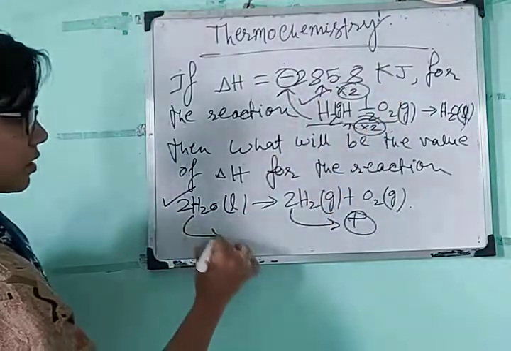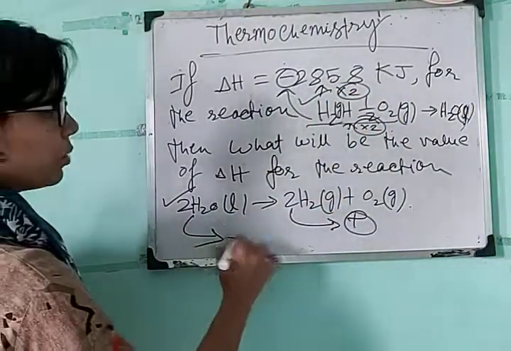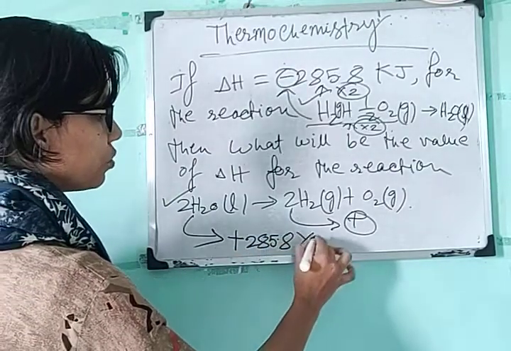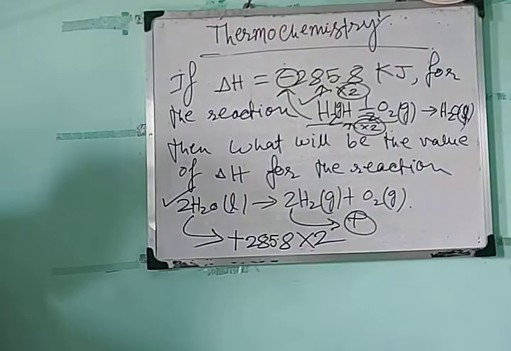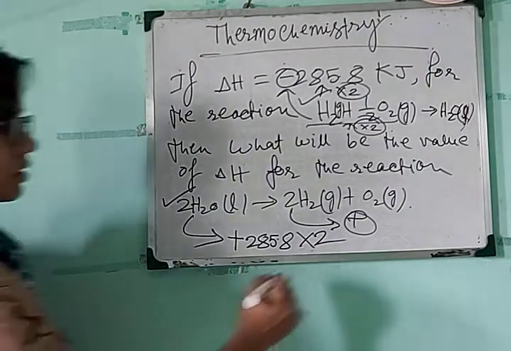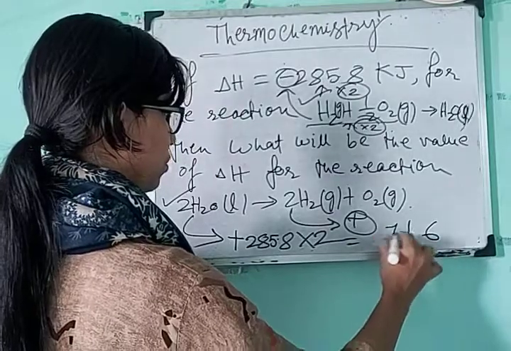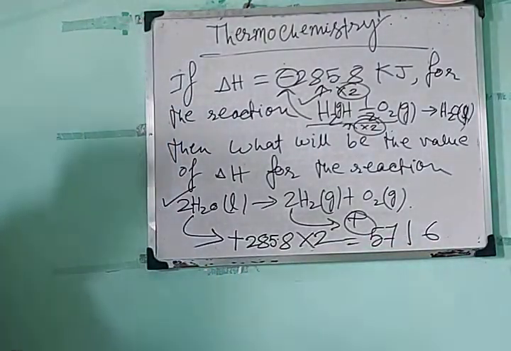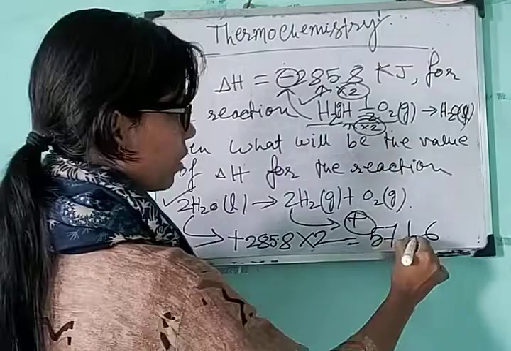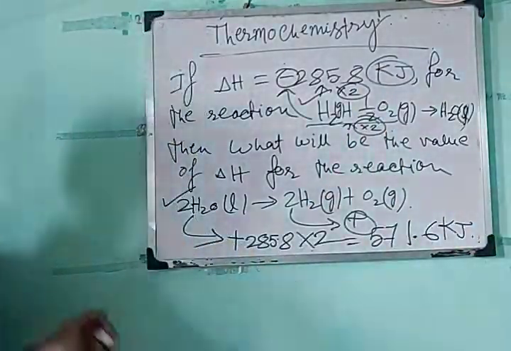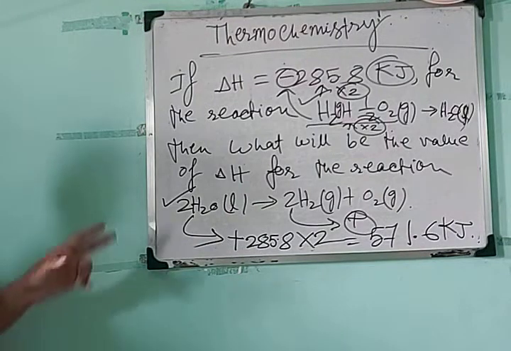So for this equation the value will be positive 285.8 into 2. So the final value is 571.6, and the unit will be the same, that means kilojoule. So you are getting this value for this reaction.